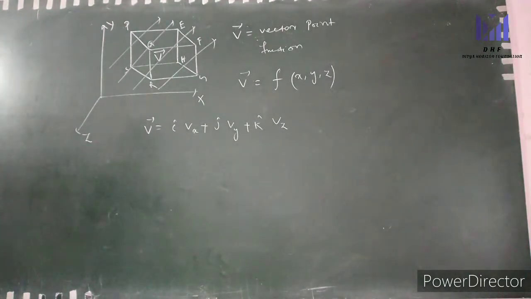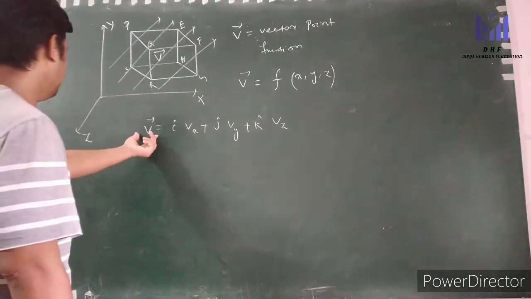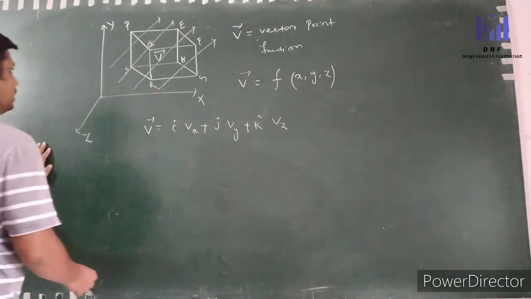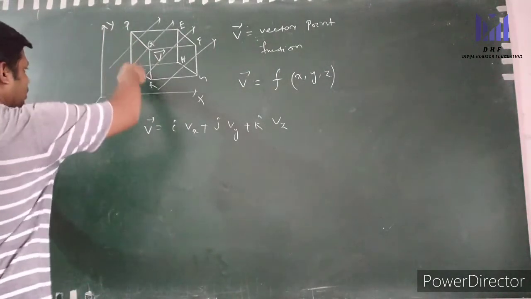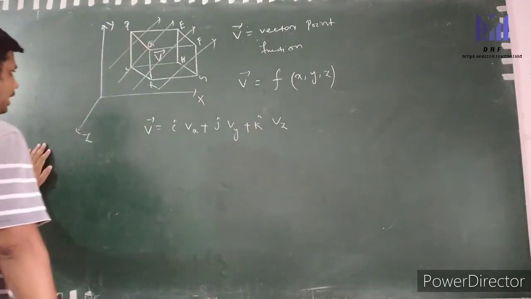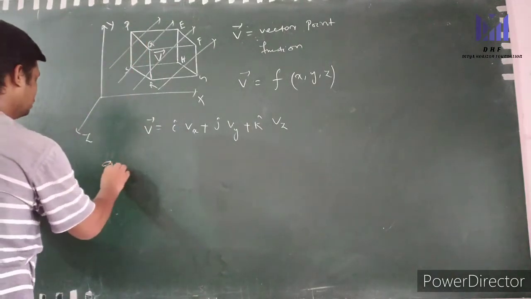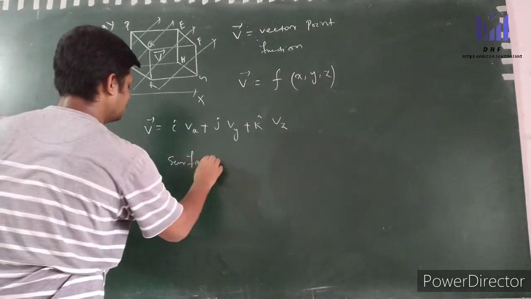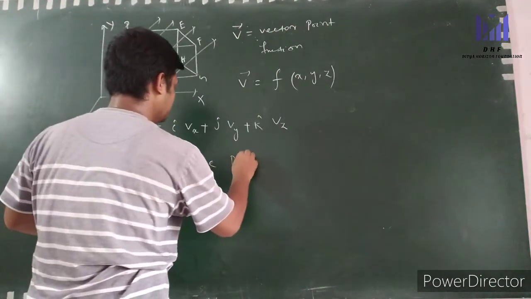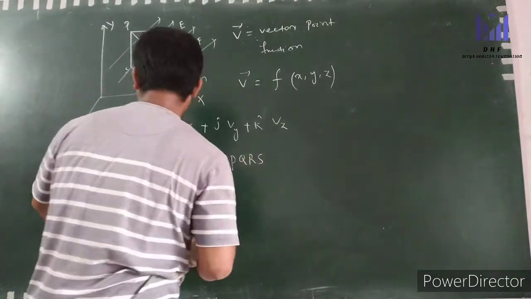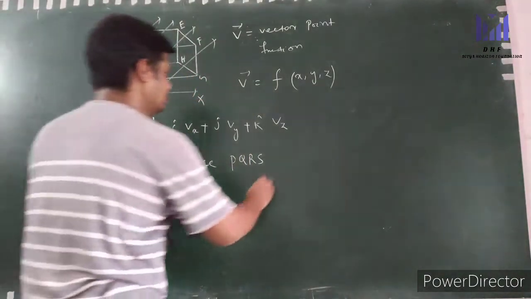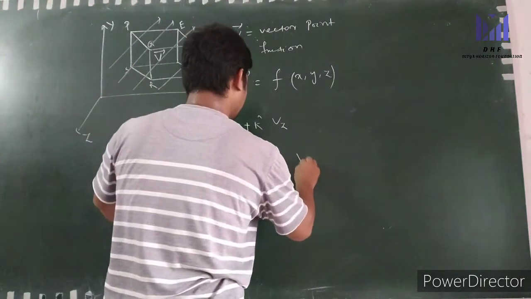Let this vector point function v have a particular value, let's say v, on the surface PQRS.